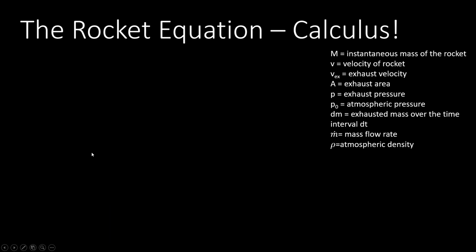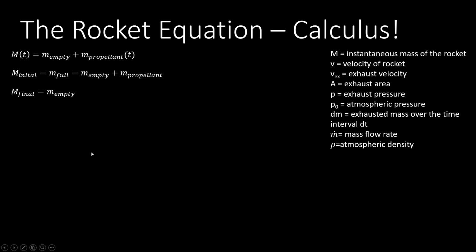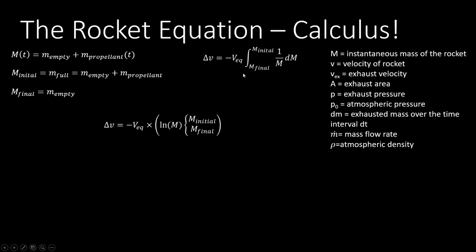Now, combining this relation with our equation and rewriting the integral in this form, we get that the delta V is equal to the product of the negative equivalent velocity and the natural log of the instantaneous mass evaluated from the initial to the final mass.